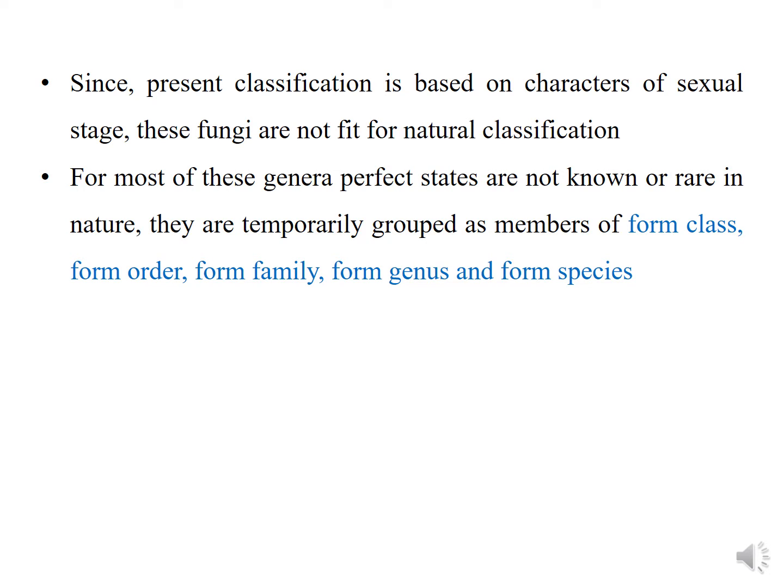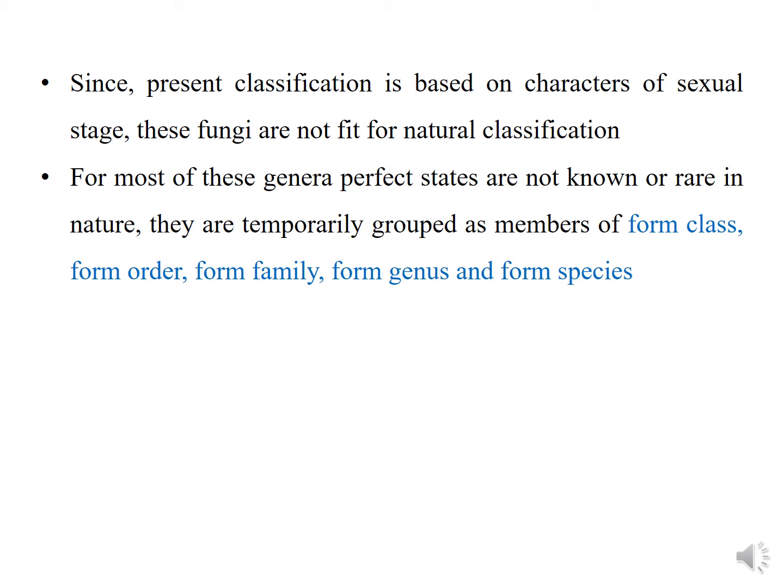Since the present classification is based on characters of the sexual stage, however these fungi, that is Ascomycotina, Basidiomycotina, Zygomycotina, are divided, this classification is entirely based on sexual reproduction. But sexual reproduction is absent in the Deuteromycotina fungi, so this is not a natural classification, it is an artificial classification.